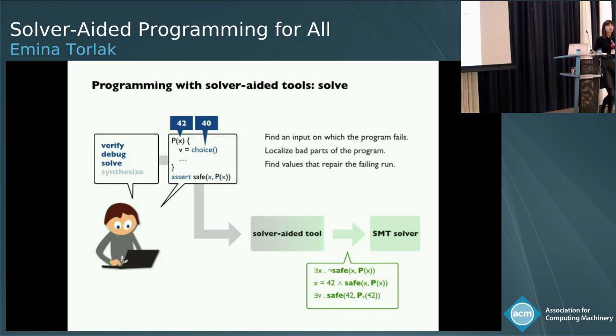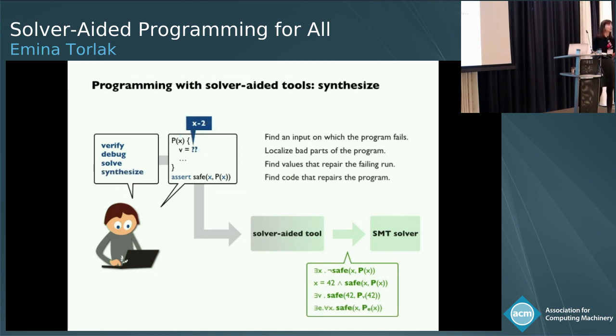Now, if you don't want to run your solver at runtime, you have another option, which is to replace that buggy expression with these double question marks. They indicate to the program synthesizer to search a space of expressions in the same programming language as P, such that when you substitute the expression E that you found into that hole, then the resulting program is safe for all inputs X. So this is the program synthesis query.